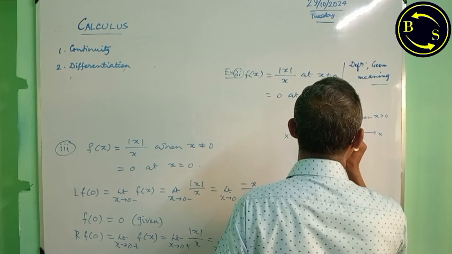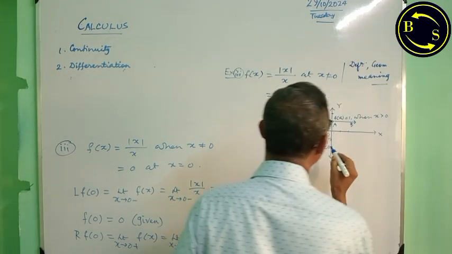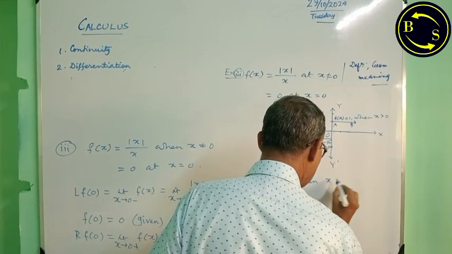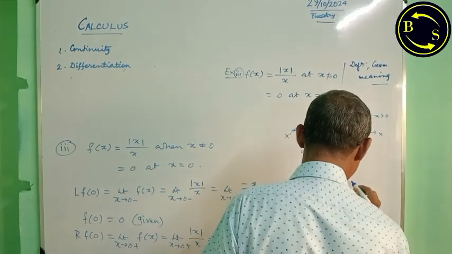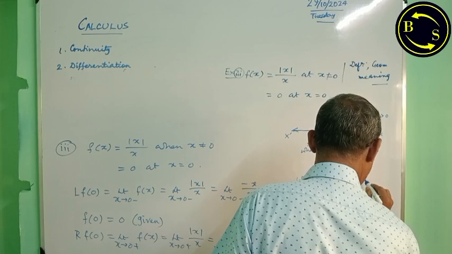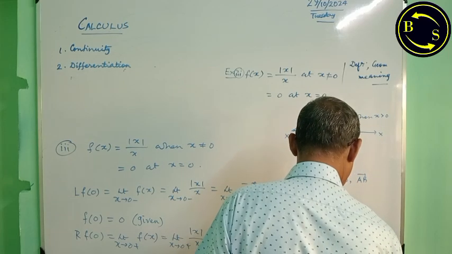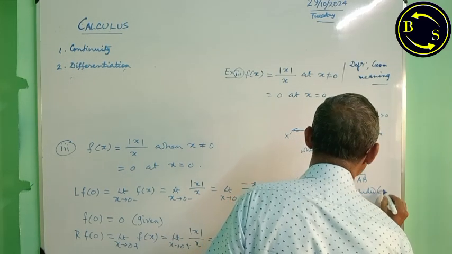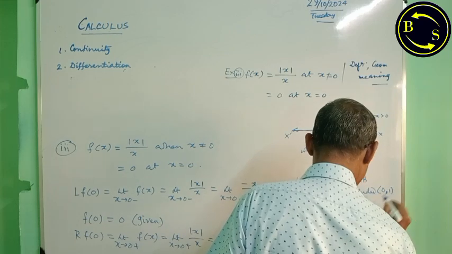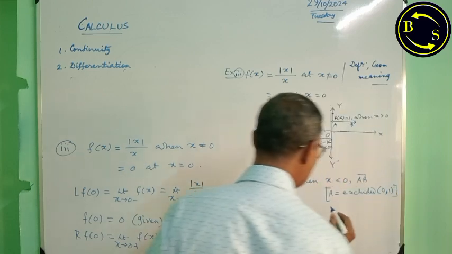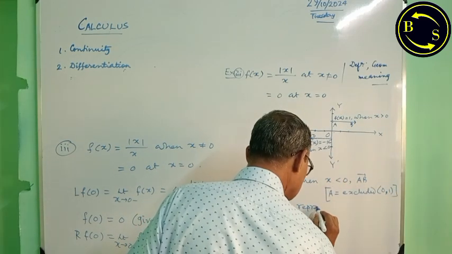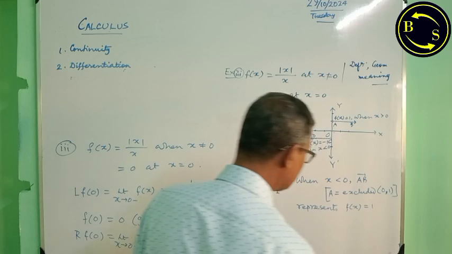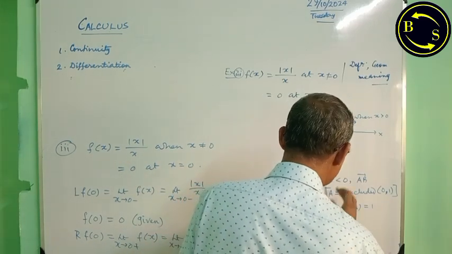We name like this. Ray AB represents f(x) equal to 1 when x is greater than 0.